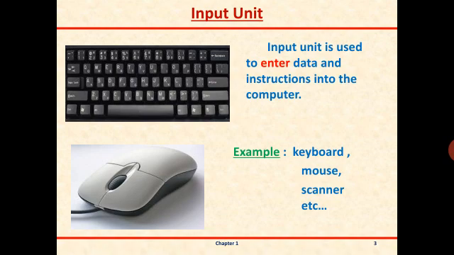I repeat once again, input unit is a part of the computer which is used to enter the data into the computer. Okay? For example, we can have keyboard, mouse, scanner or a web camera, etc. All these are input devices. Okay?